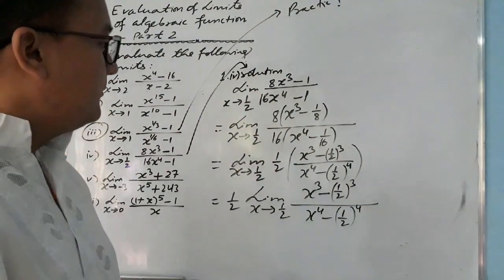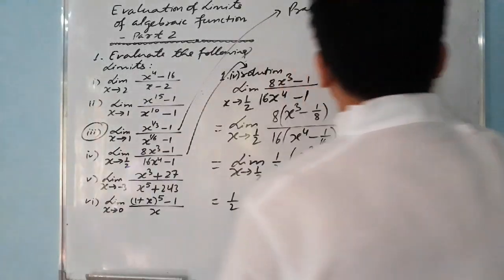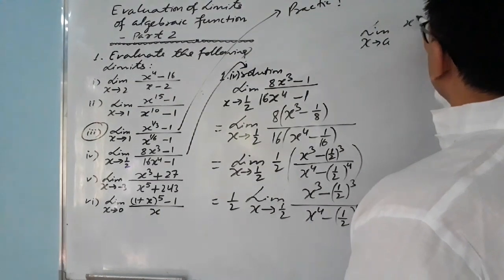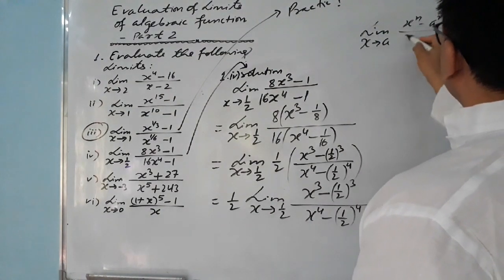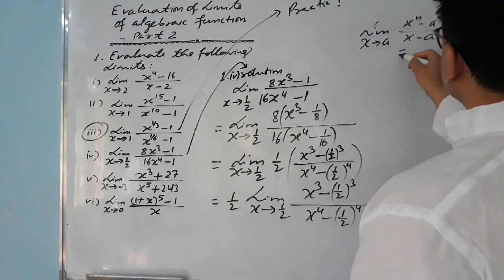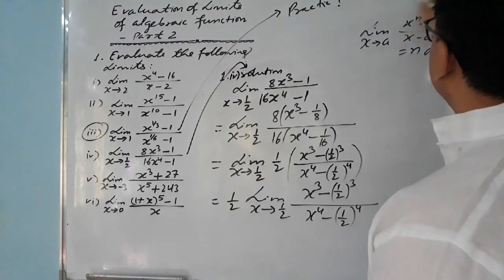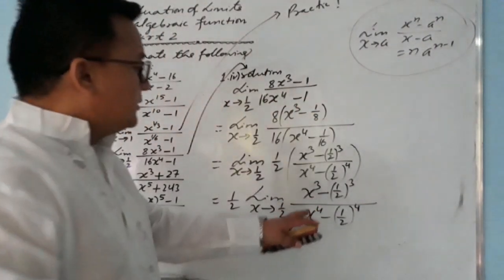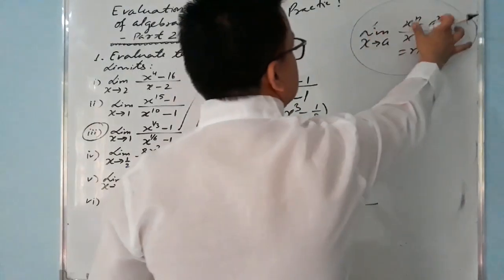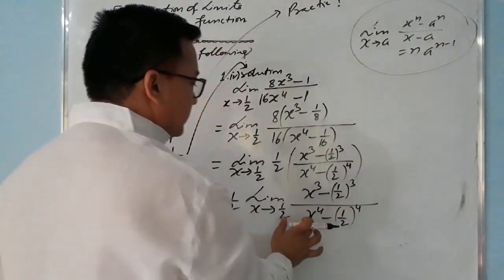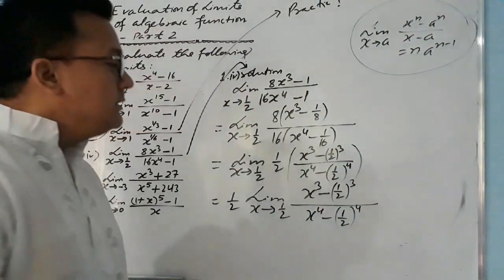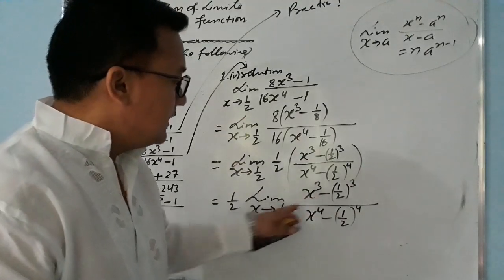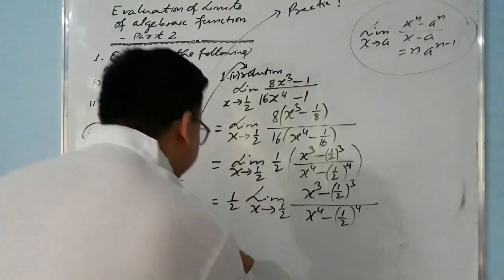Now, wonderful, let's recap: the limit of (x raised to power n minus a raised to power n) upon (x minus a) is equal to n a raised to n minus 1. Right? So see, almost. We got this portion here, and in the denominator we also need the same portion, but we need x minus 1 upon 2 here also, dividing by x minus 1 upon 2, the same as in the question.